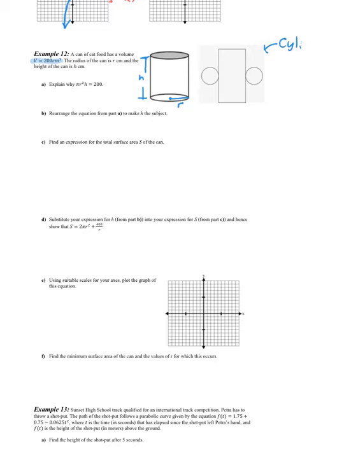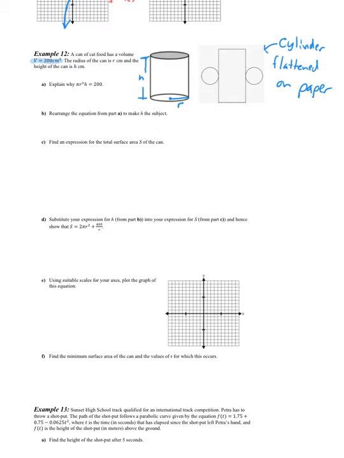So this is a cylinder flattened on paper. It's basically a rectangle and two circles. If I were to roll this entire cylinder flat, it'd be a rectangle, and then the two circles would be the top and the bottom.